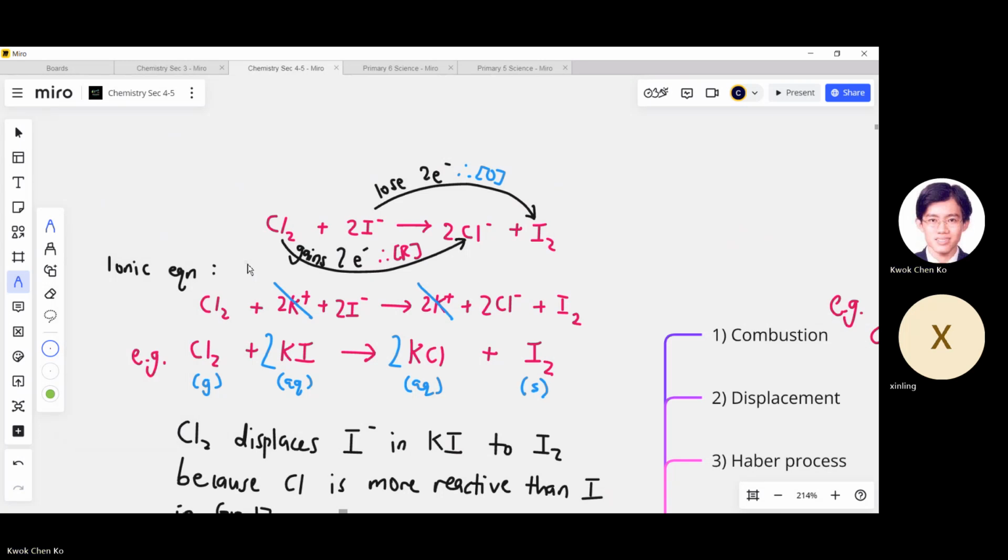Sarah? This is oxidized. Yeah, so therefore, this must be the oxidizing agent. Okay, because Cl2 oxidizes the other guy.